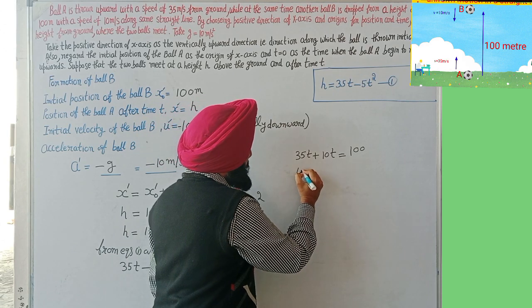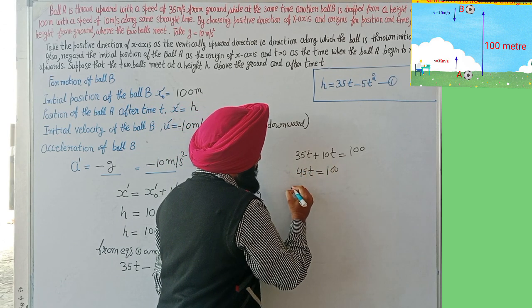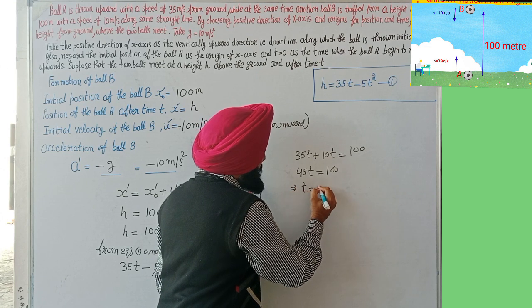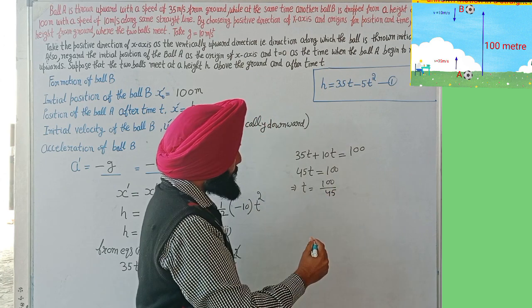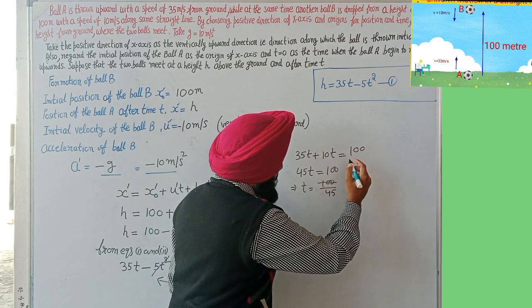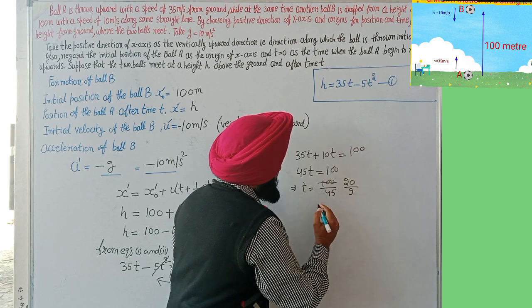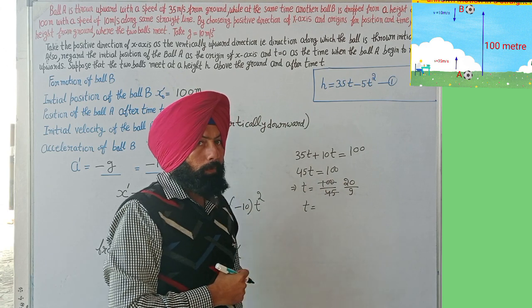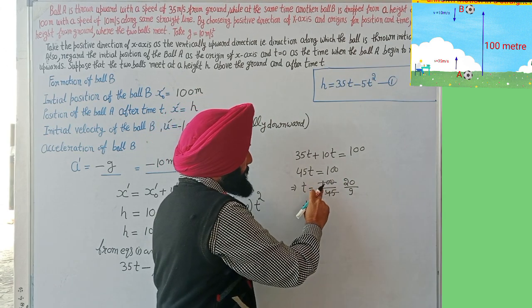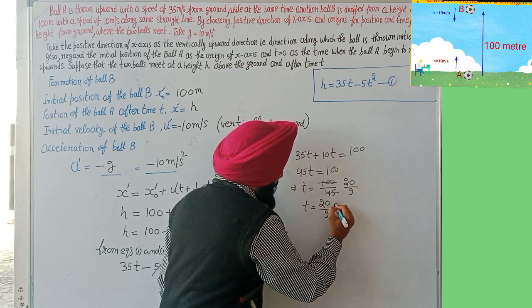Now this is 45t equal to 100, which implies t equal to 100 over 45. So this becomes 20 over 9, as both terms cancel with 5. So t is 20 over 9 seconds.